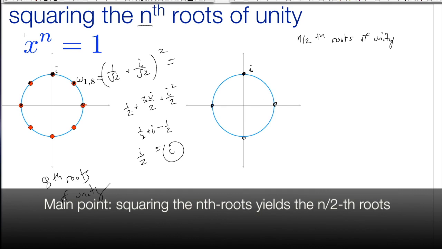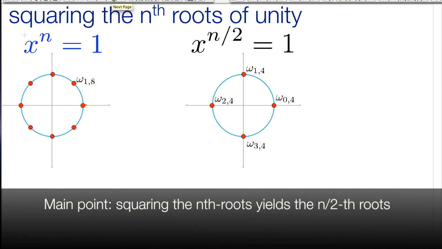If you square this value, you come back to this. If you square -1, you come back to 1. And if you do the same thing here, you end up at each of these same 4 points. There's a proof. It's easy to prove this type of thing. But the main point is that if you square the nth roots, you get the n over 2th roots.